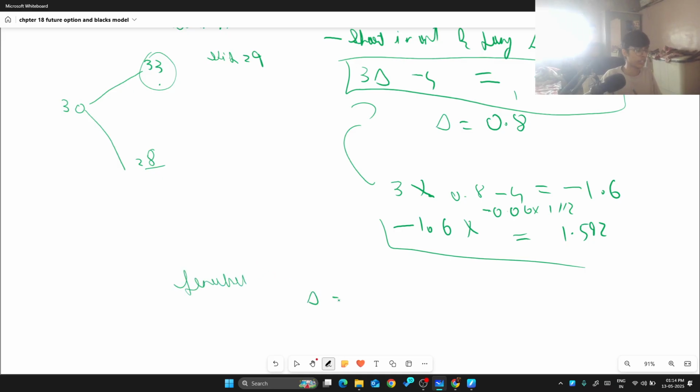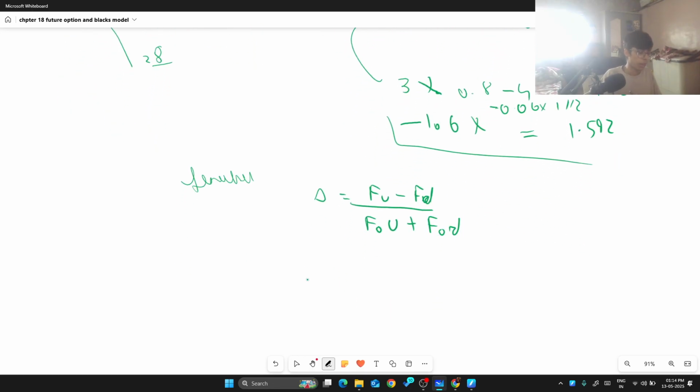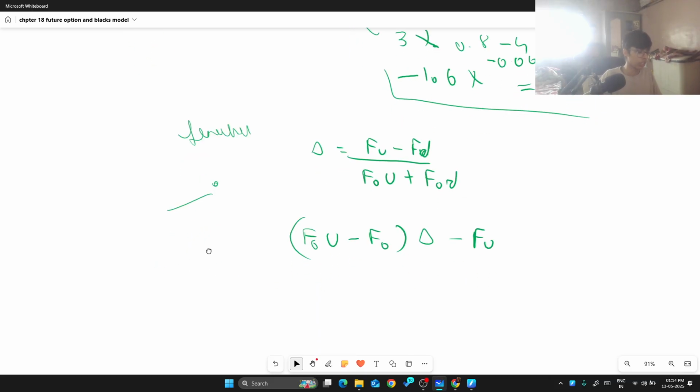So our delta, we know that F up moment minus F down moment upon up moment minus down moment, that is our delta value. And now our first portfolio, if price goes up, is F0 up minus F0 delta minus F up, right? And if price is down, then first we discount it.